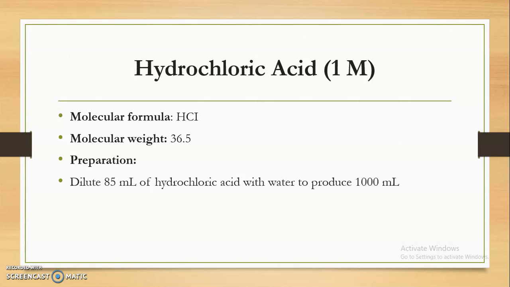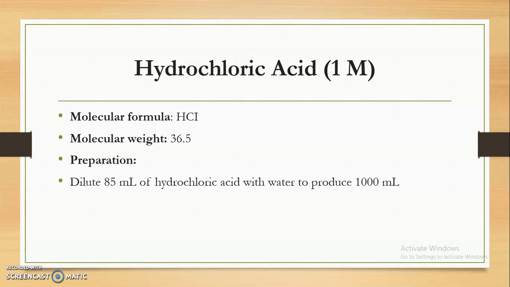But the specific gravity of hydrochloric acid is 1.18. So if we multiply 36 into 1.18, that is equal to the grams of HCl present in 100 ml. To prepare 1 molar solution of HCl, we will require 36.5 gram of HCl in 1000 ml.